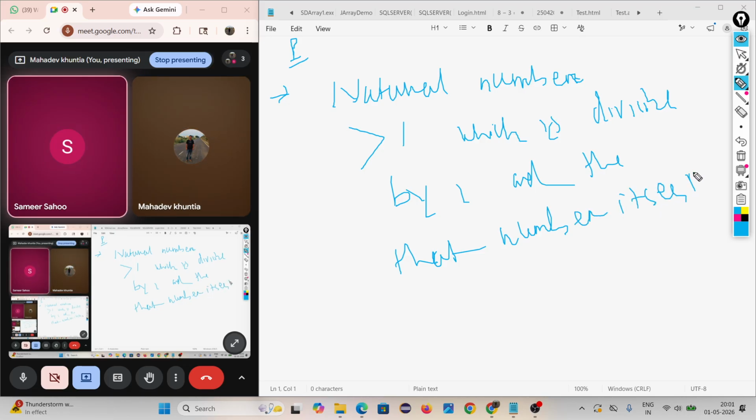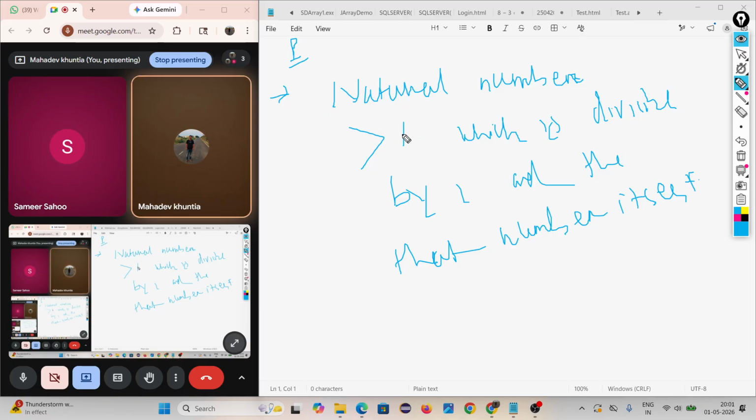Natural number greater than 1 means 1 is neither prime nor composite.